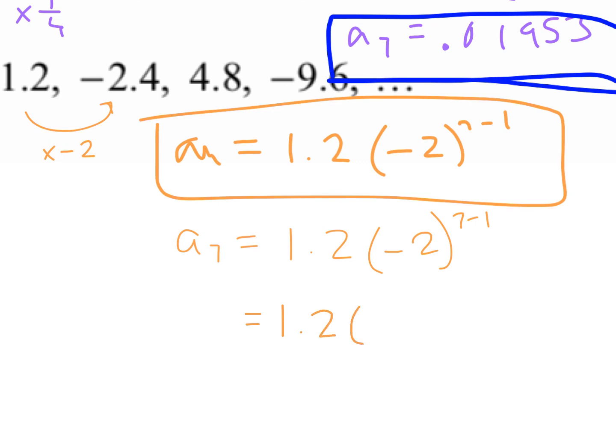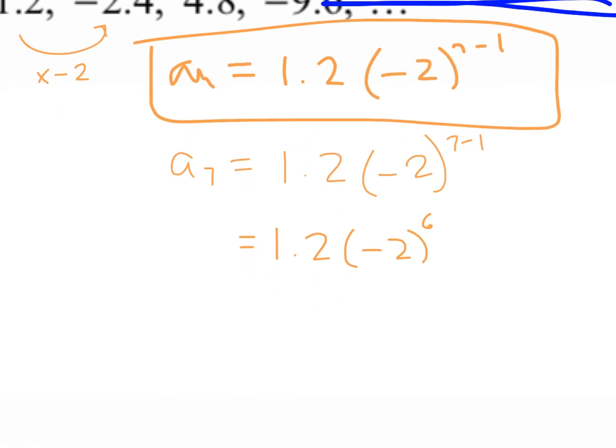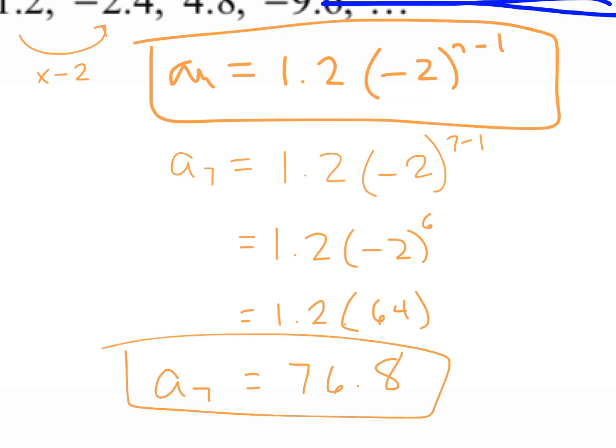So 1.2 times -2 to the power of 6. -2 to the power of 6 is 64. So 1.2 times 64. What did you guys get? 76.8, hopefully. So that's our a sub 7.